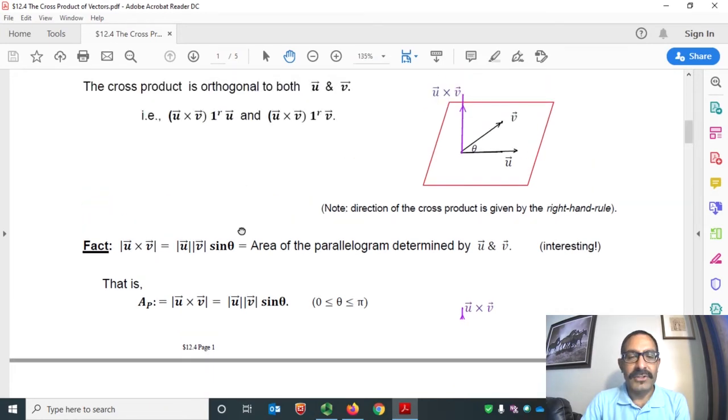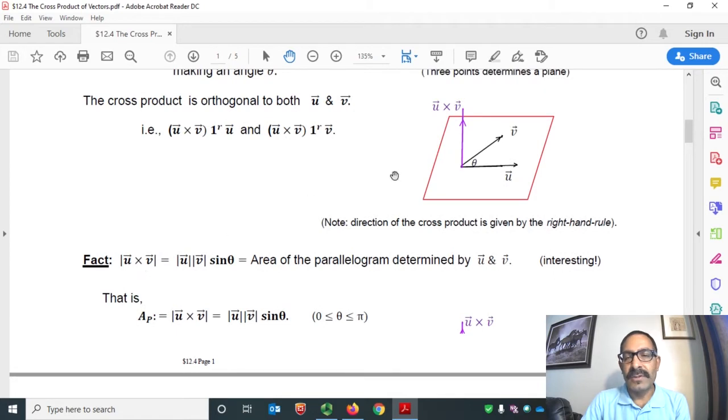And interestingly, this magnitude, the length of this vector, turns out to be the area of the parallelogram determined by vectors u and v. So here is the u vector, here is the v vector, and we construct a parallelogram here. Then the length of u cross v turns out to be the area of this parallelogram determined by u and v.